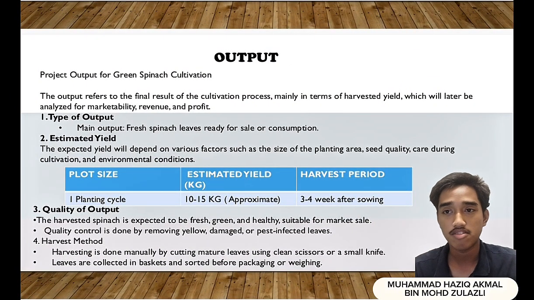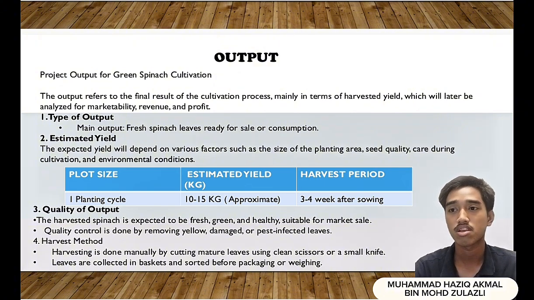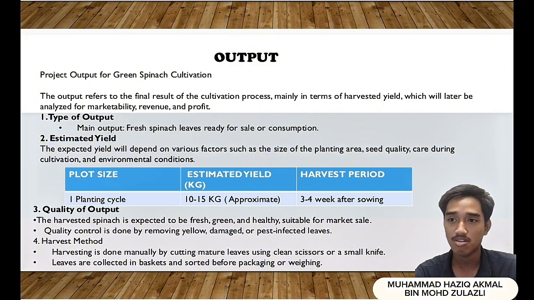Project output for green spinach cultivation. The output refers to the final result of the cultivation process, mainly in terms of harvested yield, which will later be analyzed for marketability, revenue, and profit. First, type of output.